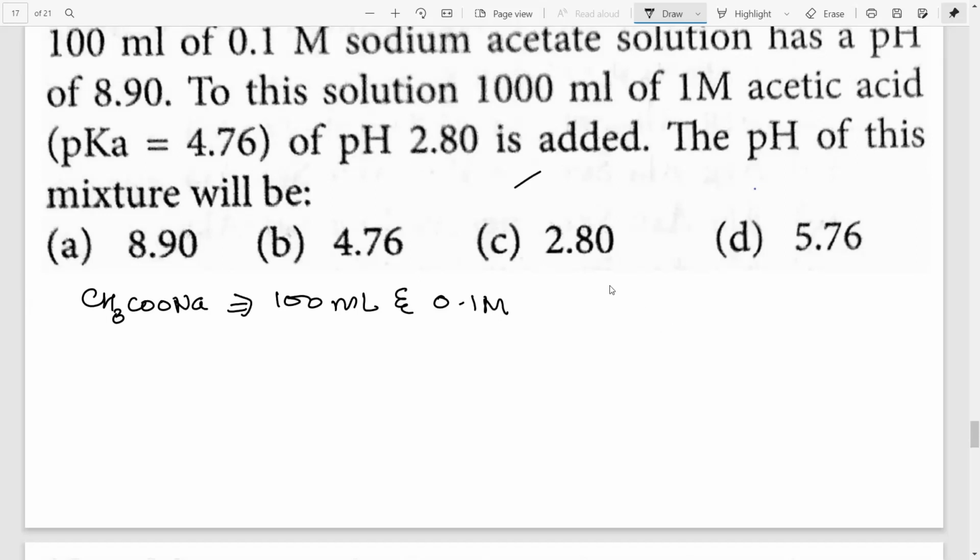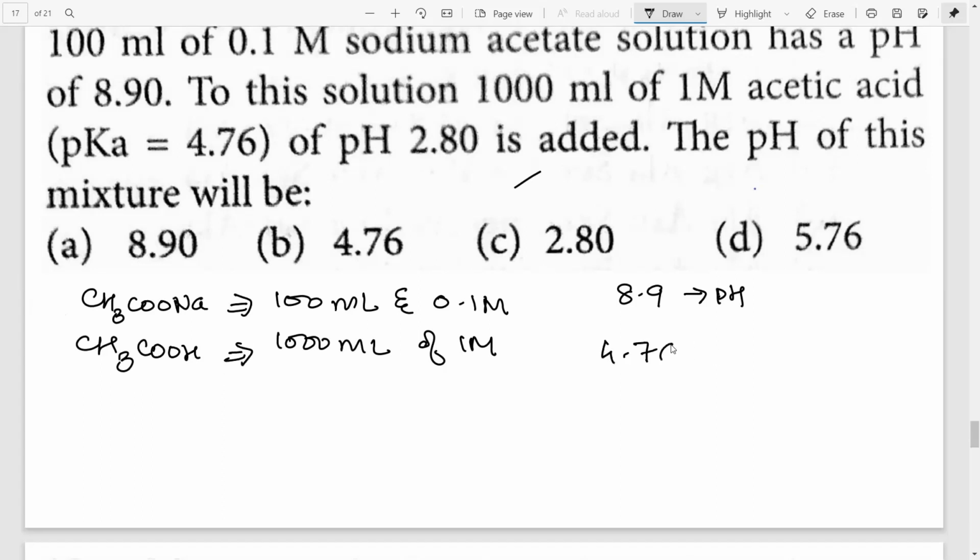It has a pH of 8.9. To this solution, they have added 1000 ml of 1 molar acetic acid, that is CH3COOH, that is having a pKa of 4.76. The pH of this mixture is dash.